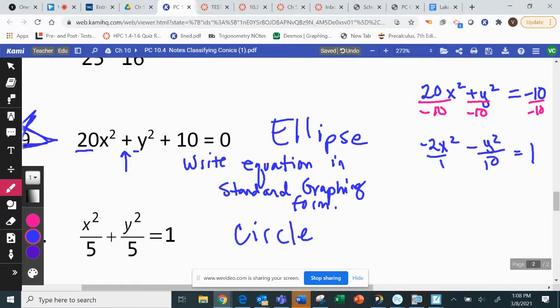Okay, so I am putting this into the standard graphing form, and I get -2x squared minus y squared over 10 equals -1. Okay, I can also look at this as x squared over -1/2 plus y squared over -10 equals 1.